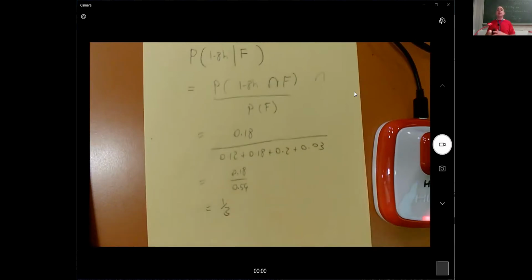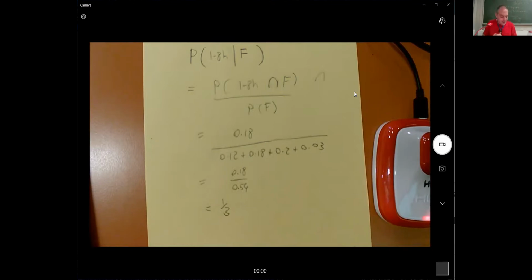Exactly a third. So 1/3 of the female students work 1 to 8. Not that female is a gender, but anyway, it's a sex and they're different things. Anyway, not going to get into that.